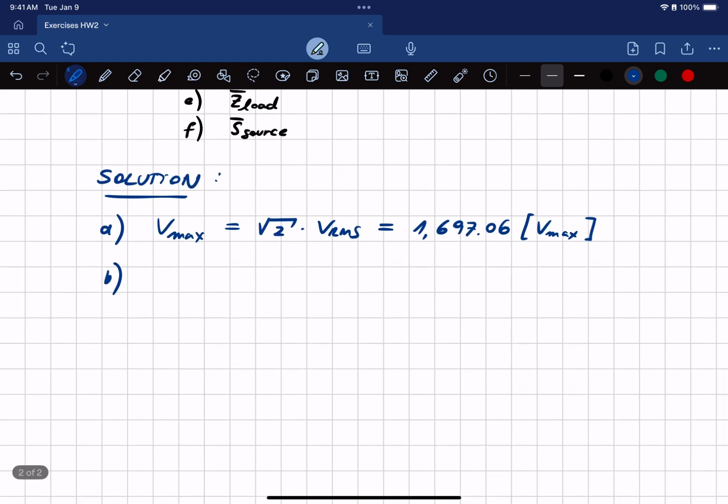So for v of t, it's quite easy, right? It's simply Vmax. Let's use cosine as the base function here, 2 pi times 50, which is the frequency for this system, t, and we're going to name this the angular reference.